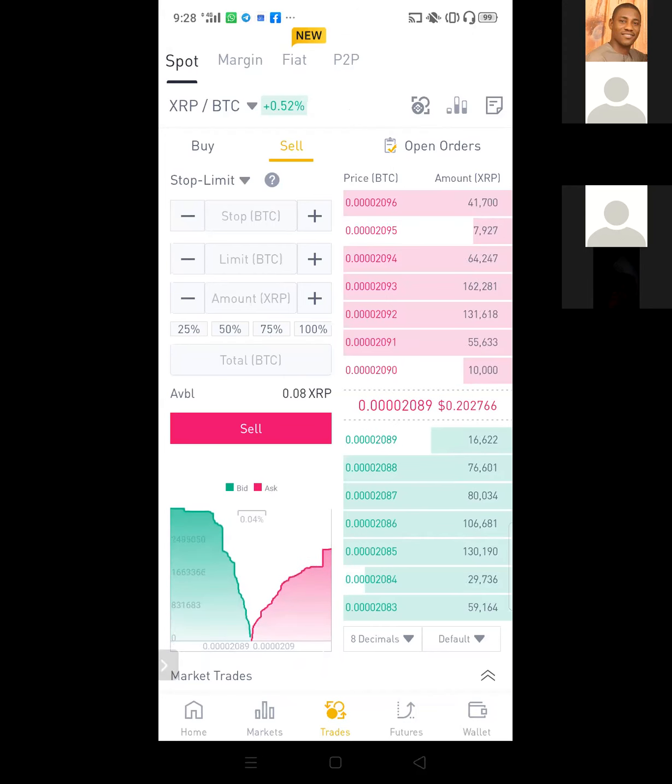Here's what we'll do: I want to sell my XRP to Bitcoin, if that's what you want. Maybe you have XRP, you want to move to Bitcoin so you can sell Bitcoin and liquidate your coin to Naira or to your local currency.